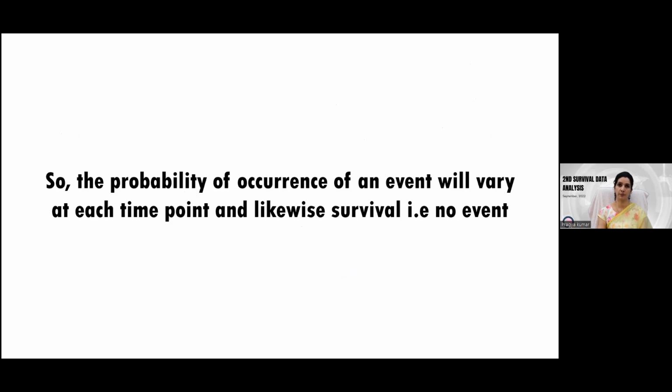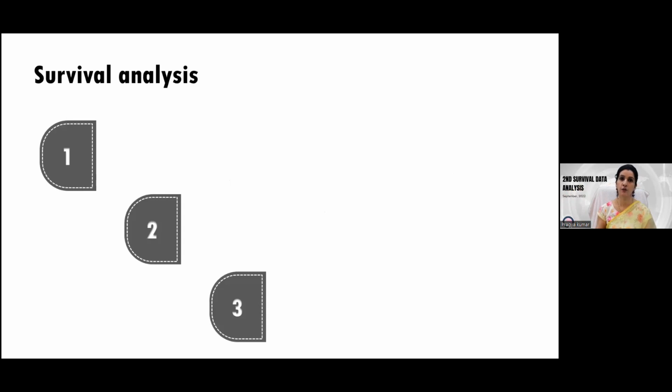If the probability of occurrence of an event varies at each time point, similarly wherever there is no event, we will learn that these are instantaneous probabilities, that means the probability at that particular time point. So for such type of data, we do survival analysis.